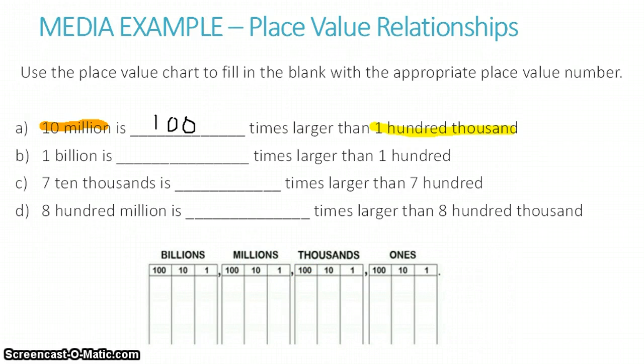Now let's look at the next one. 1 billion, which is right here, 1 in the billion section, is blank times larger than 100. And 100 is right here. So you can probably imagine that this would be a very large difference.